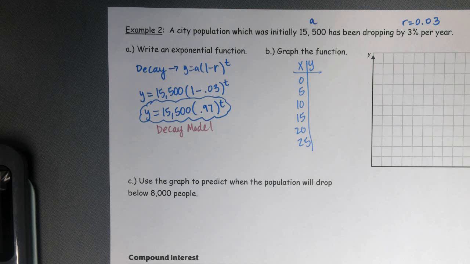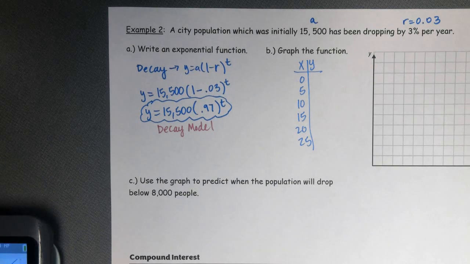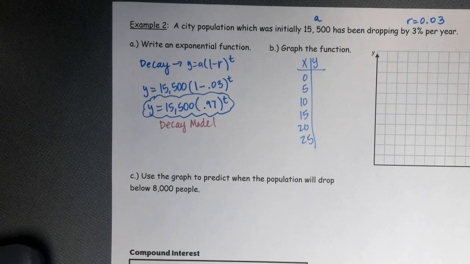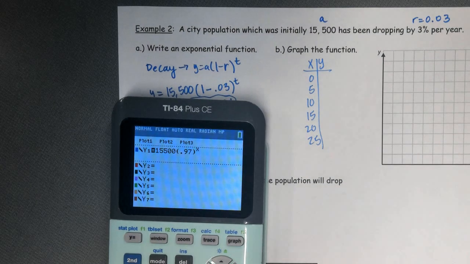So with something like this, when you plug this in and you're looking at your values, okay, if you have a bunch of them that are close together, that's a good indicator that you might want to go by something other than ones.